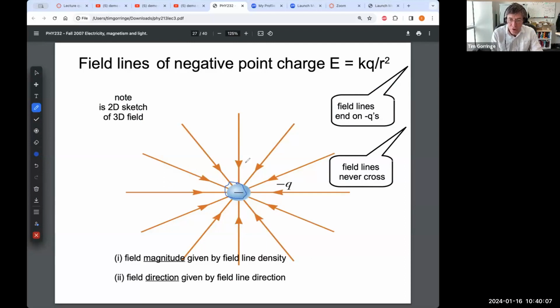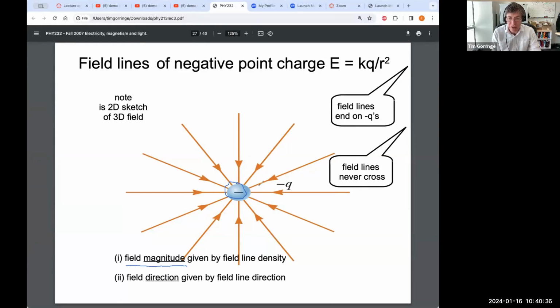And I've drawn surrounding it, in the space around it, the field that it creates by drawing the field lines for the negative charge. And so these spokes that run inwards for the negative charge, these are the field lines of the negative charge. The field magnitude is again represented by how densely packed or loosely packed the field lines are.